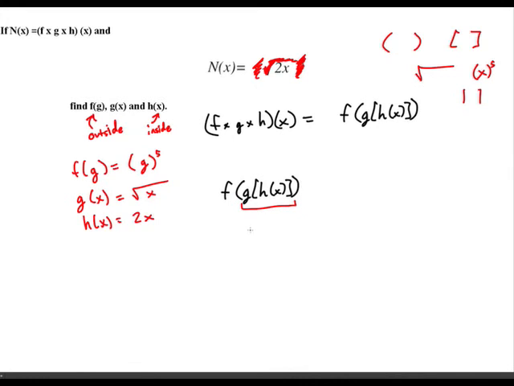So I'm going to copy my g of x, which is square root x. And I need to take this square root x from the g of x, and wherever I've seen x, I'm going to plug in what I get for h of x. So I'm going to take this h of x, and I'm going to say square root 2x. I just replaced the x. And there was still an x here, which is why there's still an x. Okay?